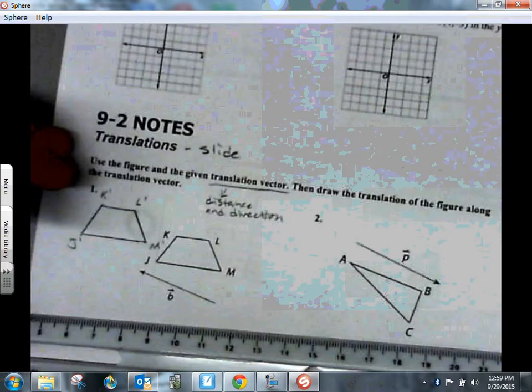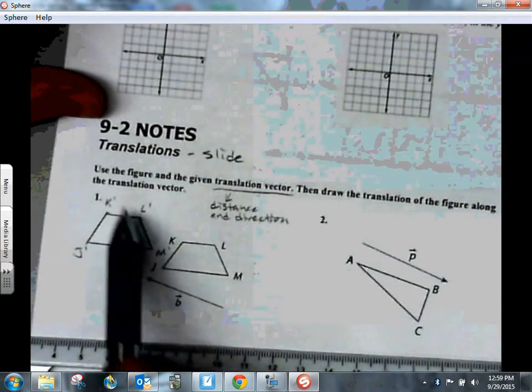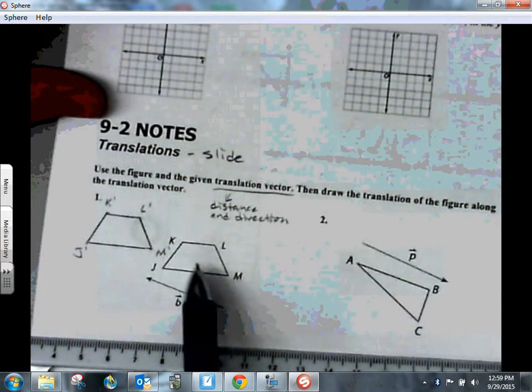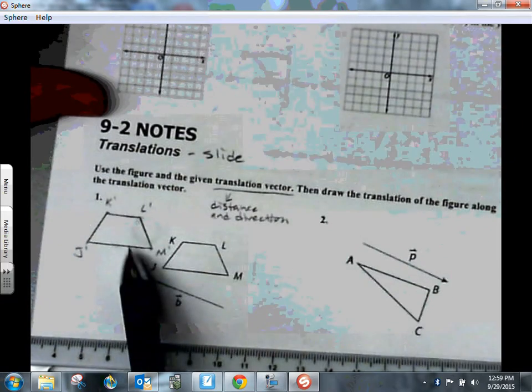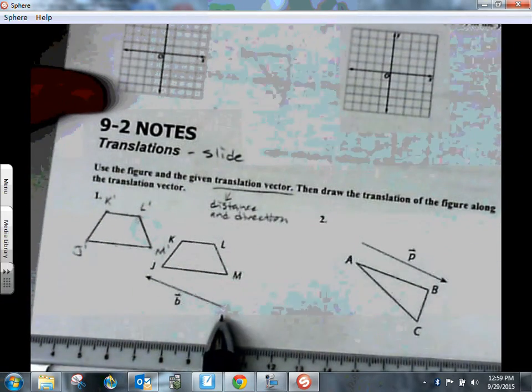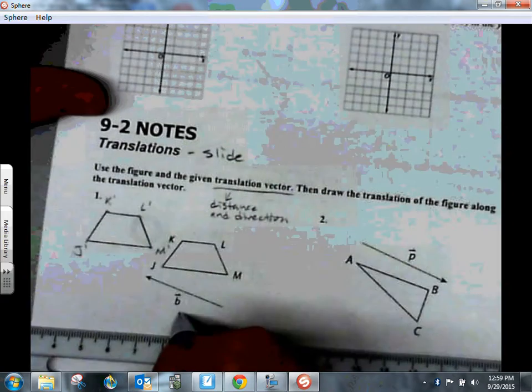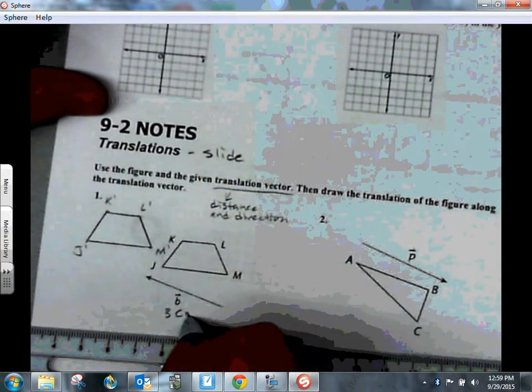Okay, and that's my figure. What you can tell is that this figure is very similar to the one that I have here. It's just that this one is now moved over 3 centimeters this way. So I'm going to label that as 3 centimeters.